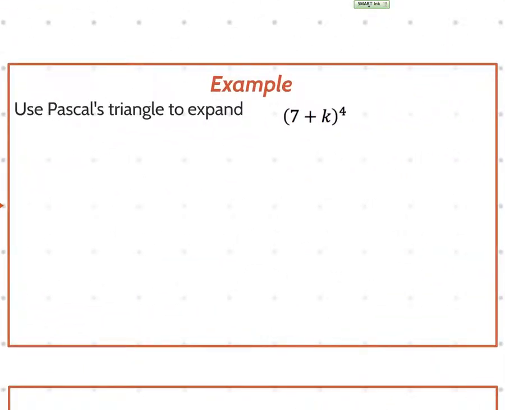So we're going to use Pascal's triangle to expand 7 plus k to the 4th power. And so I'm going to do it without looking directly at the formula. It's in your notes, so you can look at that.